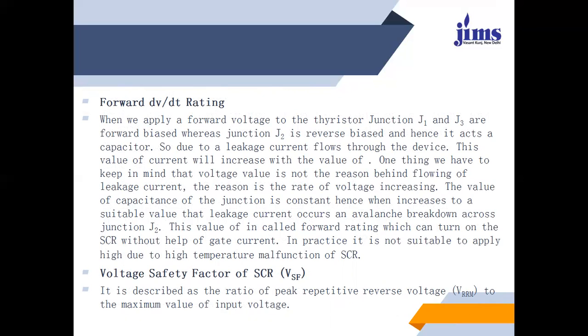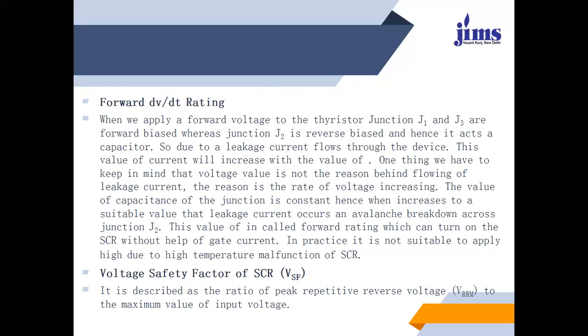When we apply a forward voltage to the thyristor, junctions J1 and J3 are forward biased, whereas junction J2 is reverse biased, and hence it acts as a capacitor. So a leakage current flows through the device. One thing we have to keep in mind is that the voltage value is not the reason behind the flow of leakage current. The reason is the rate of voltage increase, dV/dt.